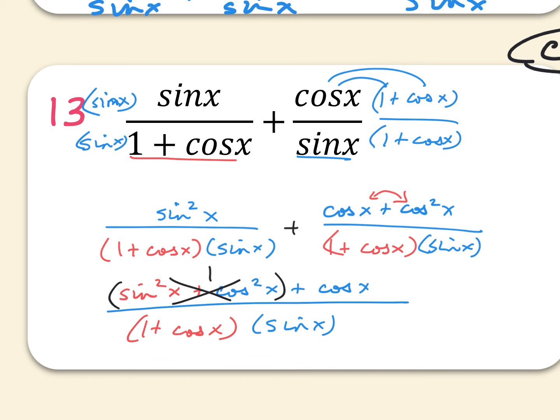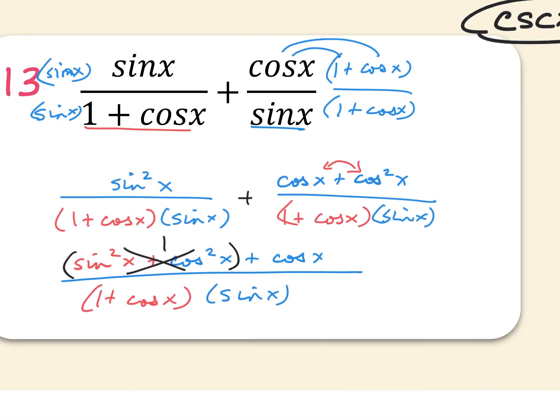And now, let's see what else we can do here. Now I have cosine x plus 1. Or actually, I can write it in the same order that it was. I'm going to write 1 plus cosine x over 1 plus cosine x, and then sine x.